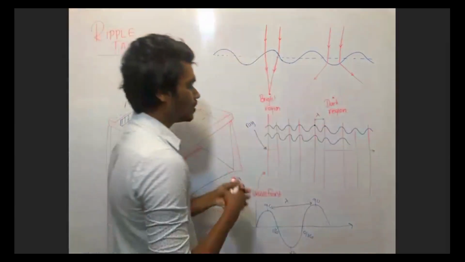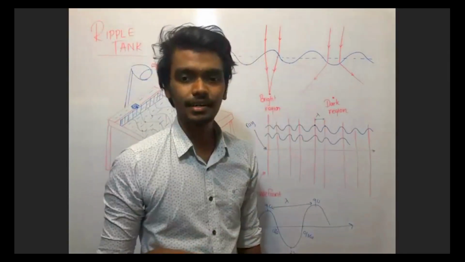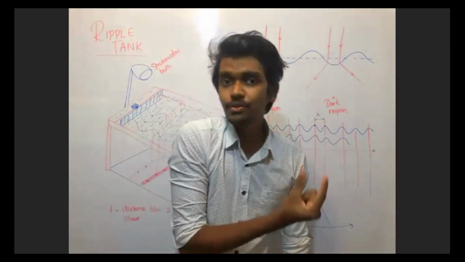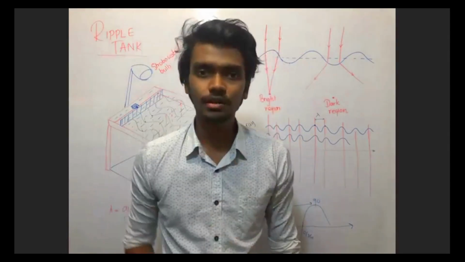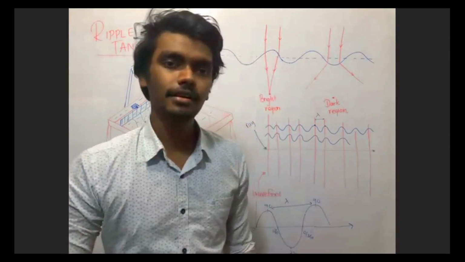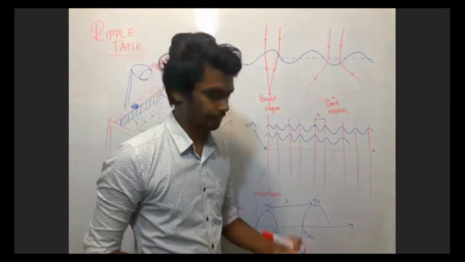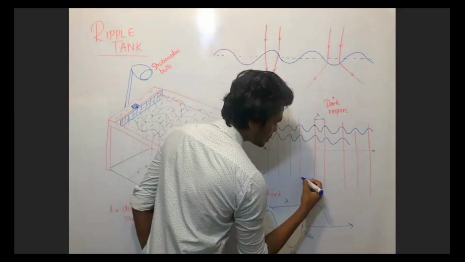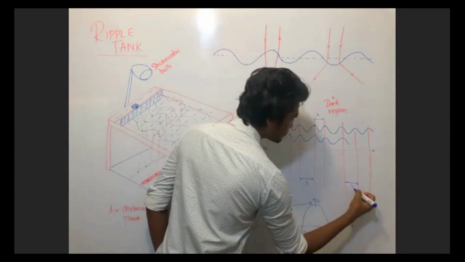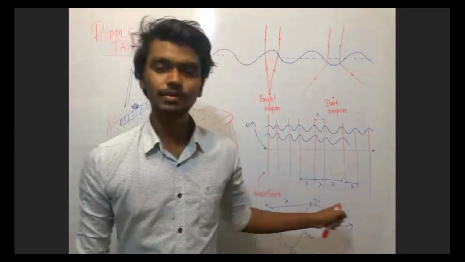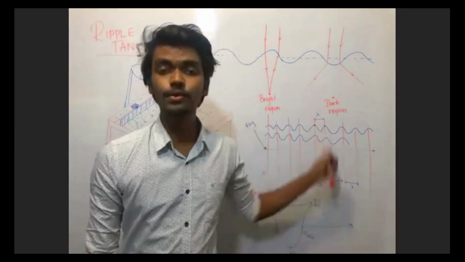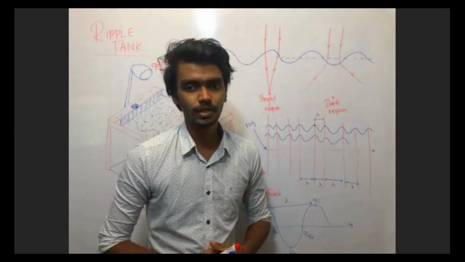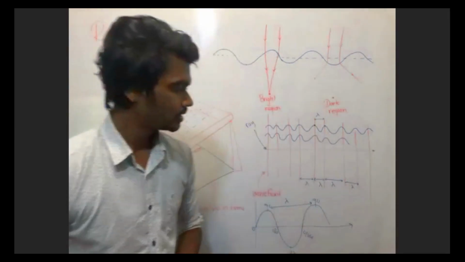So what does that confirm for you? The distance between two wave fronts is one wavelength. Distance between two wave fronts is one wavelength. All right, very important.